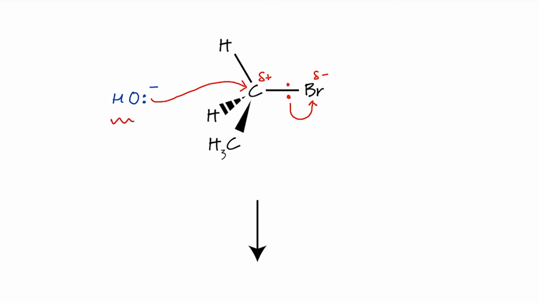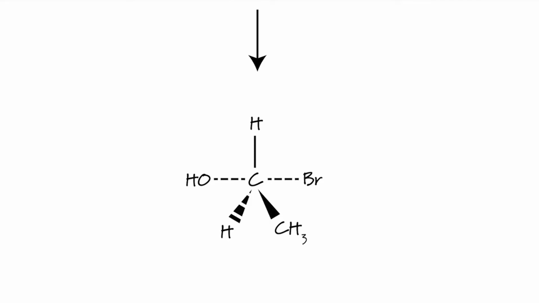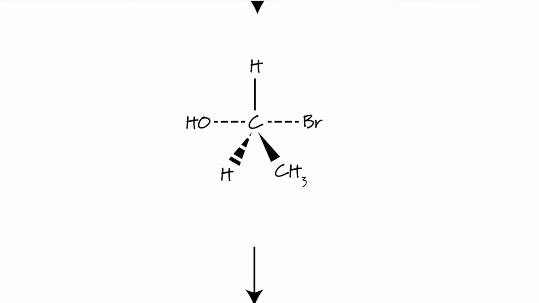Note that our nucleophile is attacking from the opposite side of the molecule from the halogen that is about to leave, and I'll explain why that's the case in a minute. So, these two things are happening simultaneously. We have, for a short period of time, a transition state. This is short-lived and it's unstable.